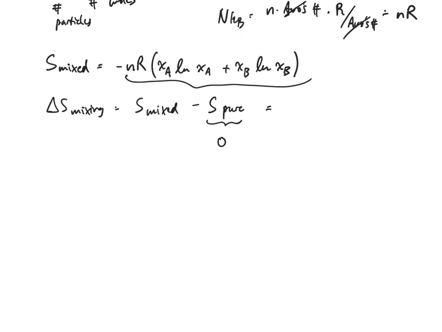All right, and then the next step is to get the free energy of mixing. And remember, the free energy is equal to delta H minus T delta S. And in an ideal gas, the particles do not interact, so there's no potential energy. So therefore, the enthalpy of mixing equals 0.